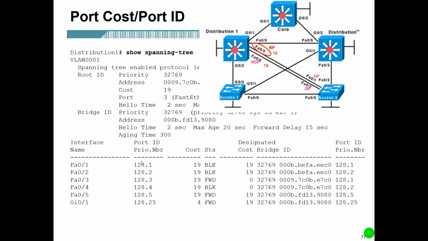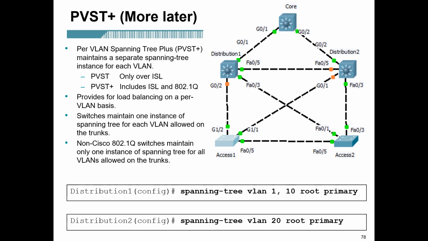And if we do a show spanning tree, FA0/4 should be in a blocking state. And it is. Because FA0/3, if it has the default priority number, then it will take the lowest link, which is FA0/3, and that moves to forwarding, and the secondary link will show blocking.